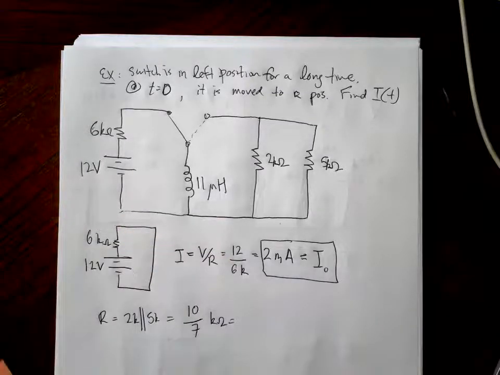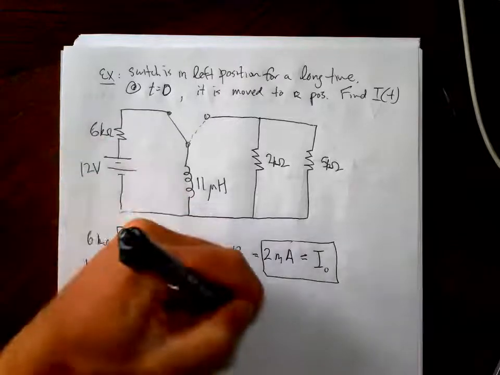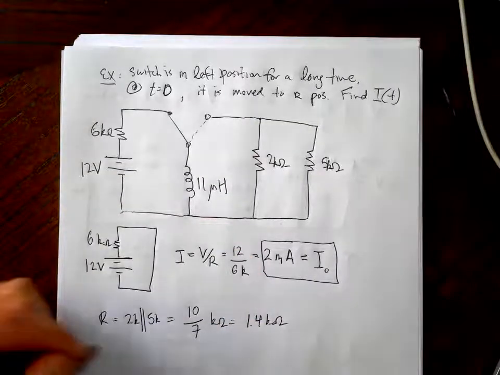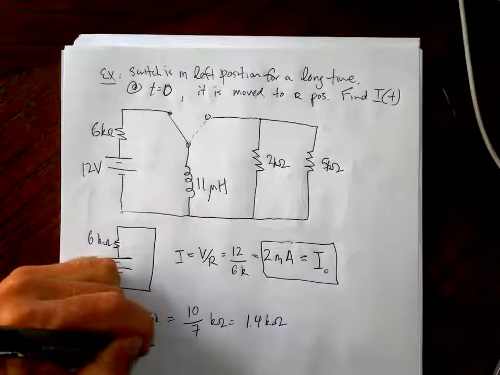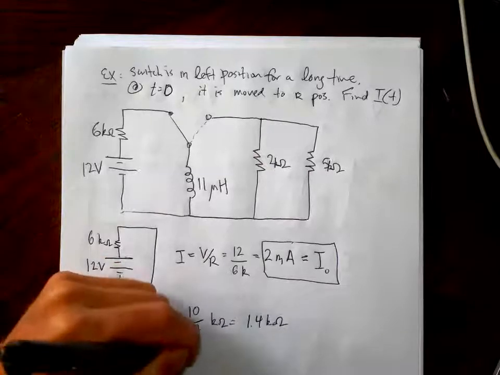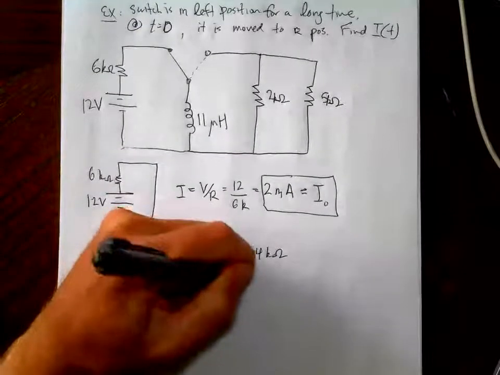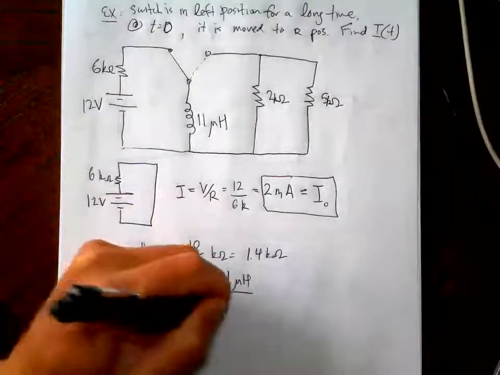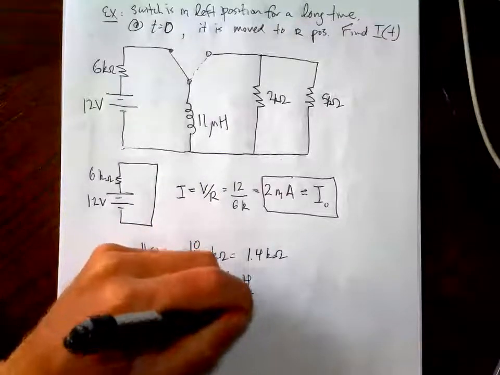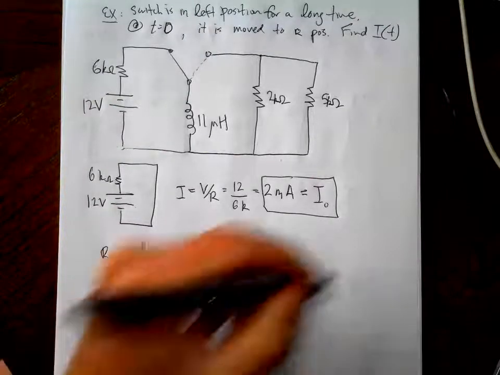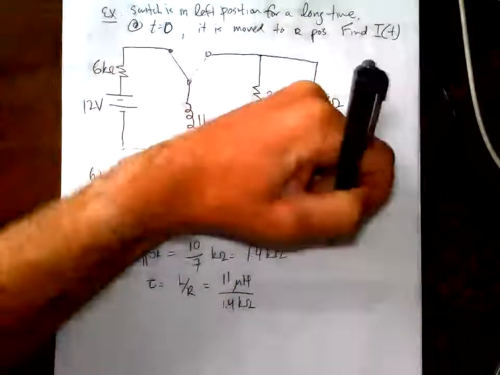So 10 over 7 is about 1.4 kilo ohms. That means that the time constant is L over R, which would be 11 microhenries over 1.4 kilo ohms. So what is a micro divided by a kilo?